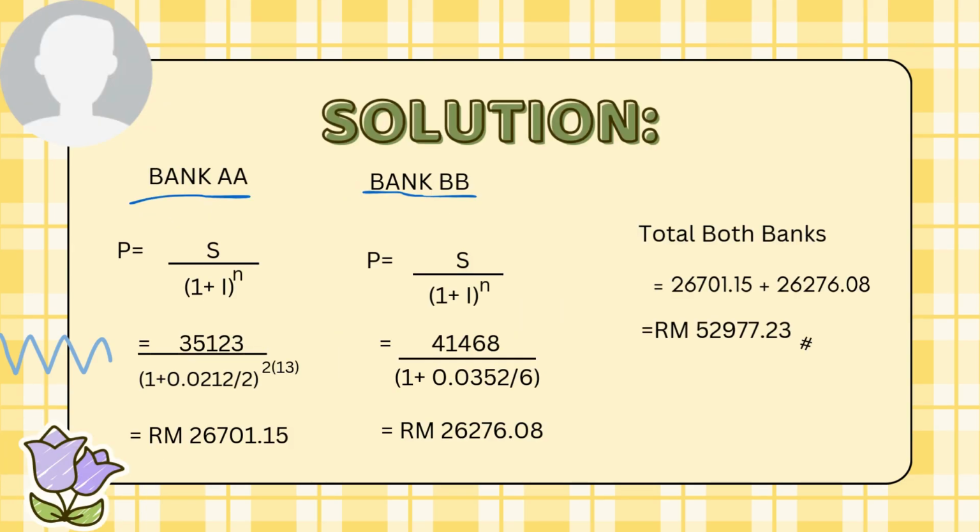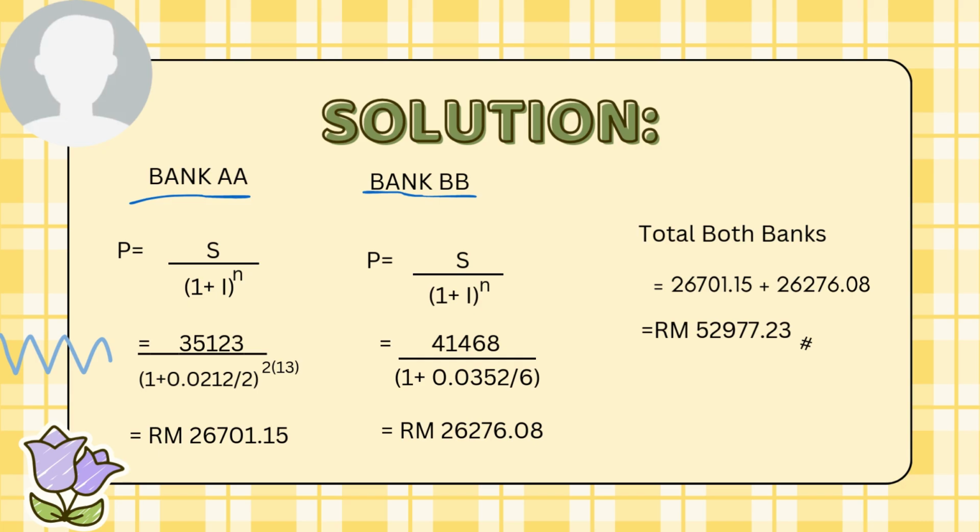Now this is the solution for question 1a. For bank AA and bank BB, we'll be using the same formula, which is P equals S over 1 plus I to the power of N. By putting all the numbers inside the formula, for bank AA, you would get 26,701 ringgit and 15 cent.